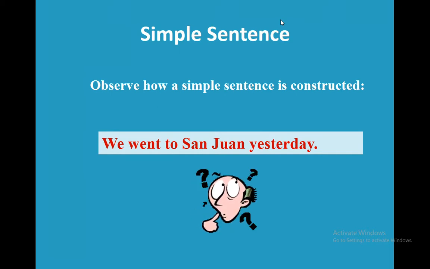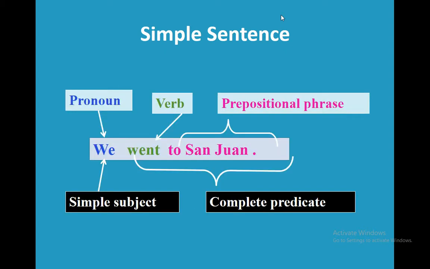We went to San John yesterday. Notice here, where is the subject? Let's see, where is the subject, the verb, and is it a complete sentence or not? Here we have the word we, a pronoun, went, a verb, and to San John, a prepositional phrase.